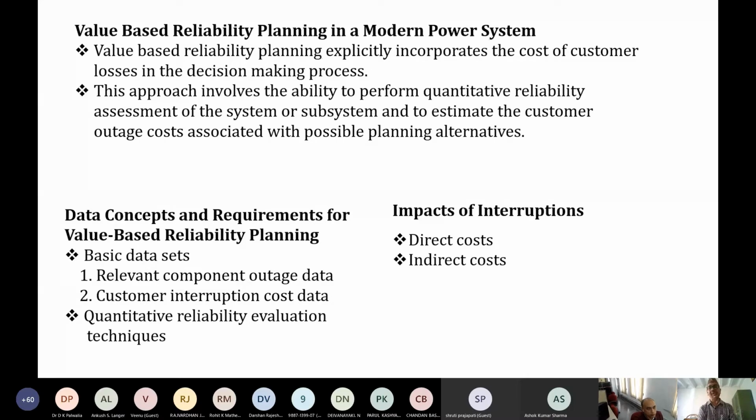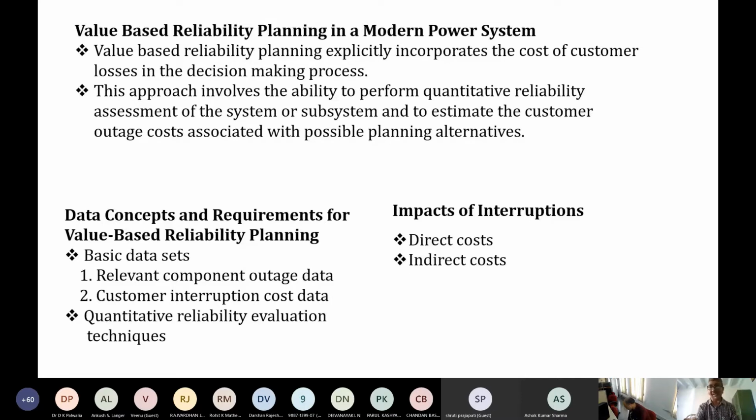So who will make the investment in the system? The utility will make the investment into the system. To improve the reliability of the system, the utility will have to make the additional investment. So they have control over their investment, but they don't know the cost of the customer.